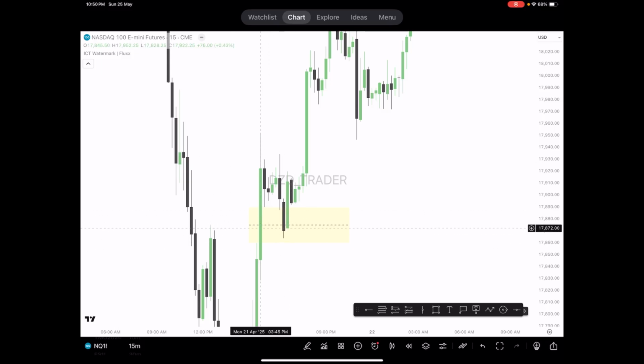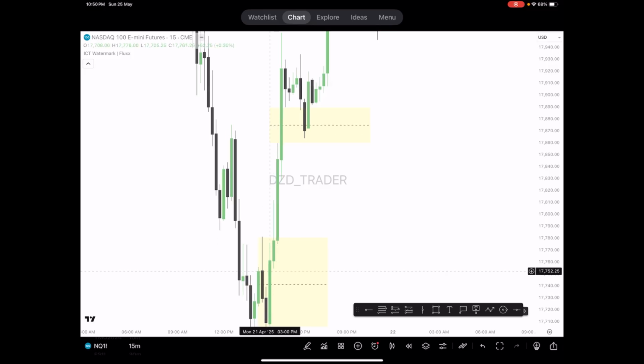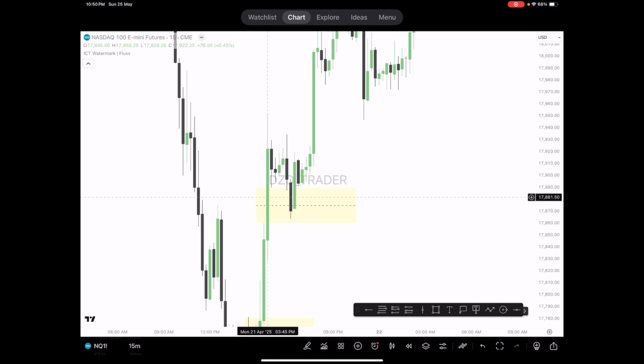Okay, so in this gap that it has performed, it kept this gap over here open. There's another gap here open, and then there is this gap. If price trades through this gap and leaves it open, all right, this is a risky trade for me.